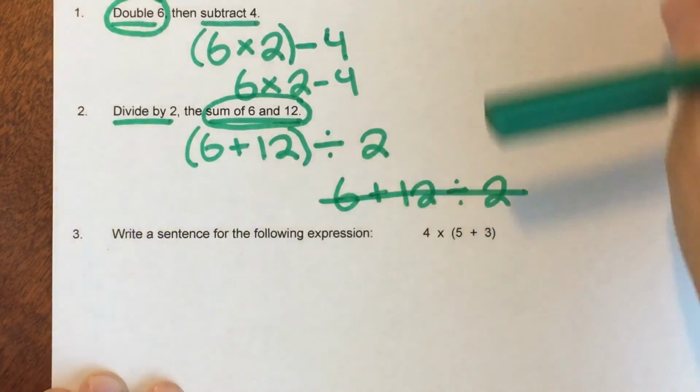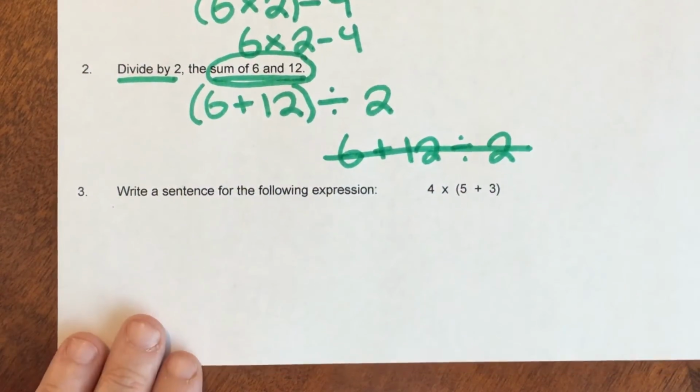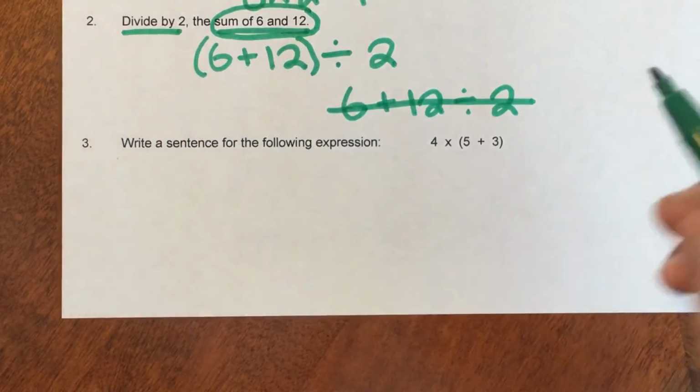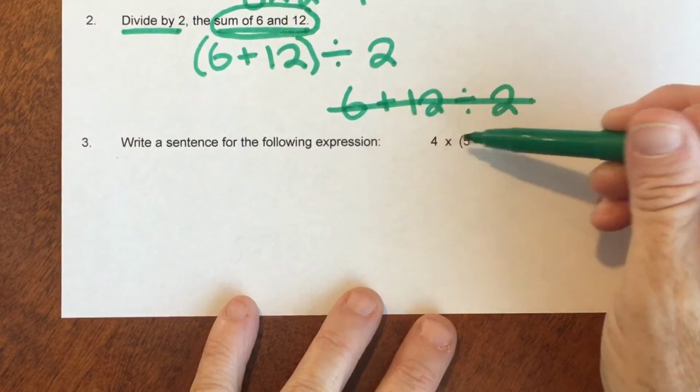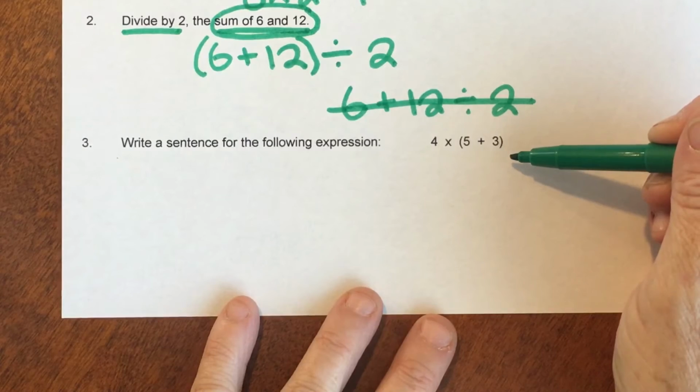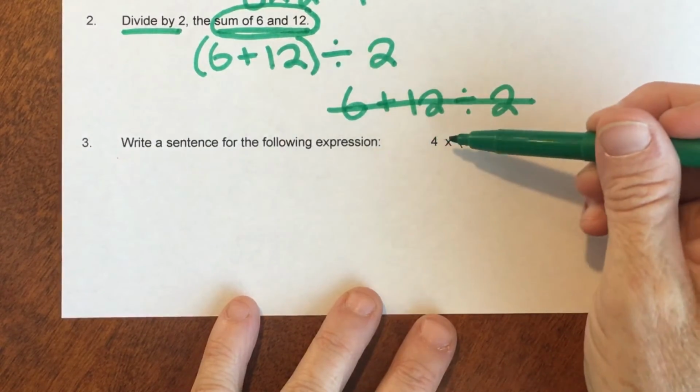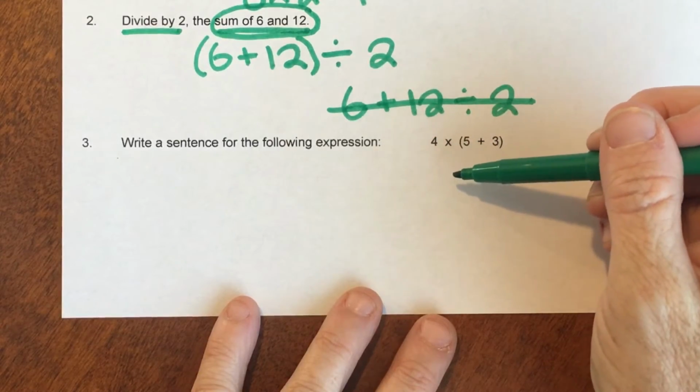Okay, on to writing the sentence. And remember, when you write the sentence, there's going to be many correct answers. So we're going to write a sentence for the following expression. We have 4 times 5 plus 3. So I need to talk about adding 5 and 3 and then multiplying it by 4.